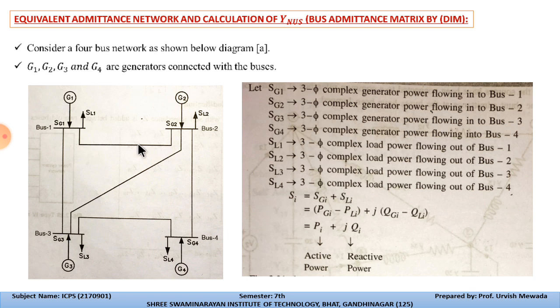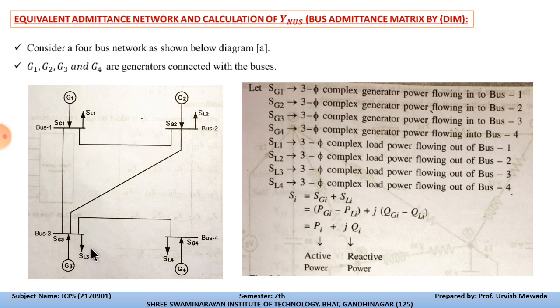Now, these buses are interconnected to each other with the help of links. At bus number 1, this is link 1, and this is SG2, the generator to link. This is the link which is connected between G1 and G2.